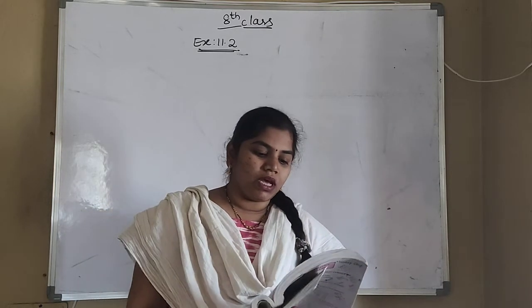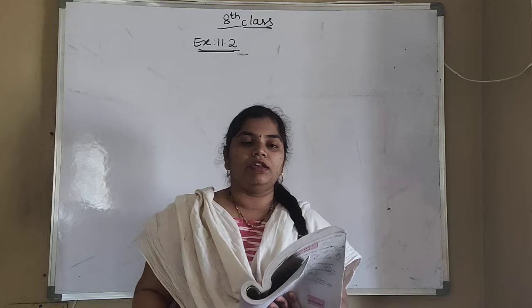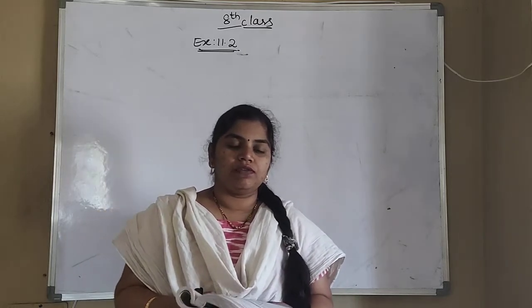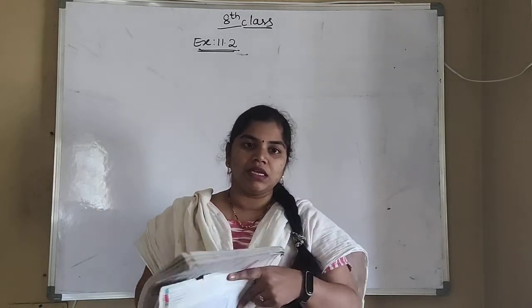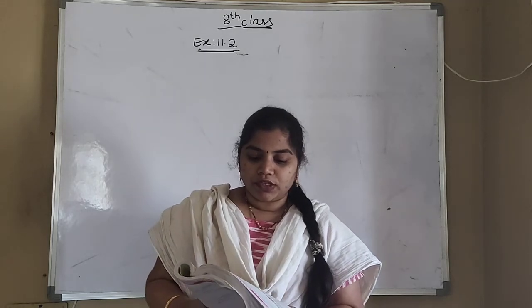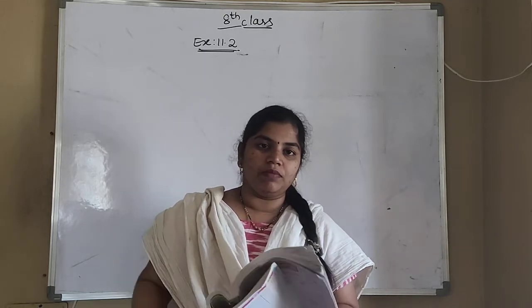So first expression they have given, second expression, we have to find the product. Product means we have to multiply the first expression as well as the second expression. So first one they have already given, so I am starting from the second one.